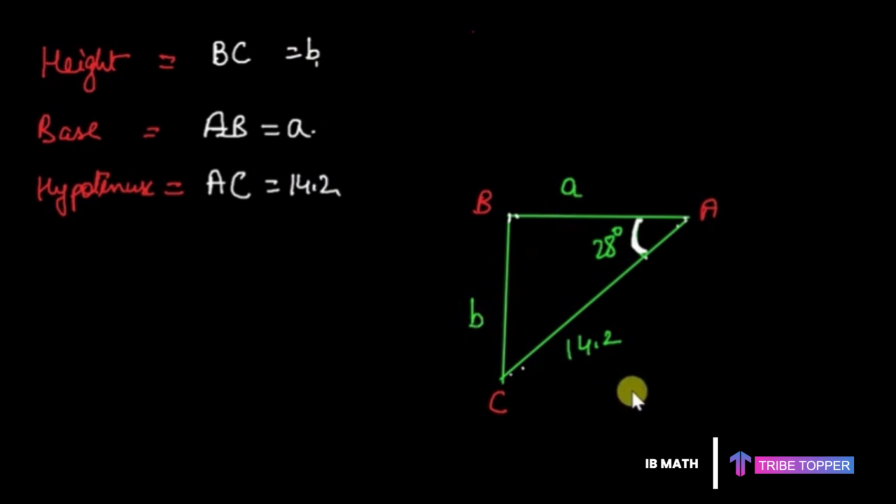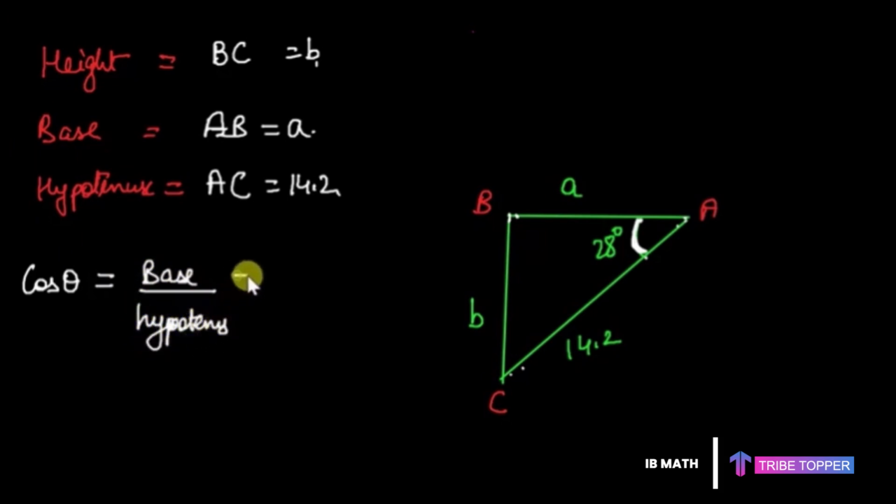For that, first let's take the cos of theta. What is the formula for cos of theta? Yes, cos of theta is base over hypotenuse. My base here is A, we have already marked that.